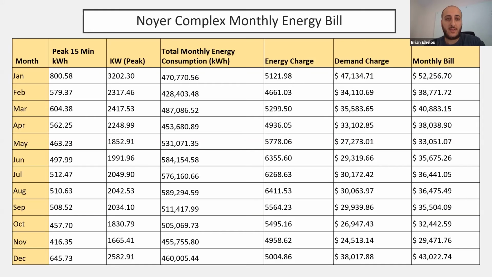And after that, they get charged 1.088 cents per kilowatt hour for their total energy consumption, which is 470,000 kilowatt hours. For January, their highest consumption bill is over $52,000. We found that Indiana gets pretty cold in December and January, and those are the months when they consume the most power.